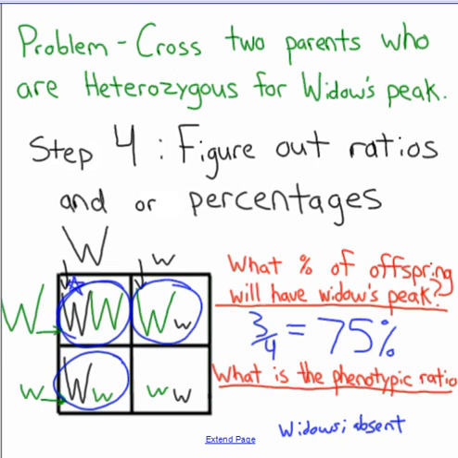We've already circled the boxes with widow's peak. So 3 boxes have widow's peak, and then how many boxes are going to be absent? Just this one right here. Little w means it's absent or a straight hairline. So the ratio is 3 to 1, and that is 3 widow's peak offspring for every 1 offspring that doesn't have widow's peak.